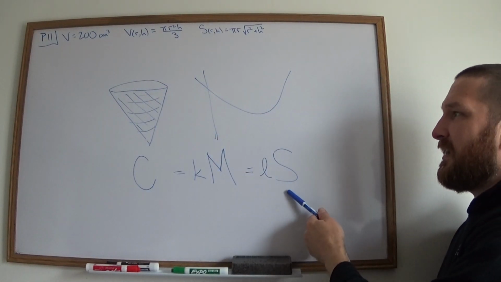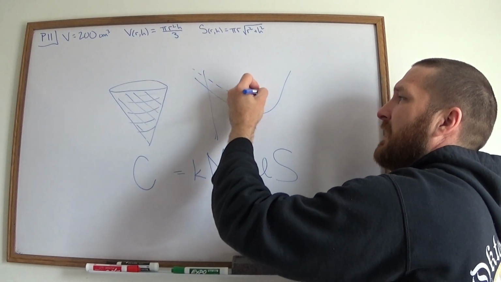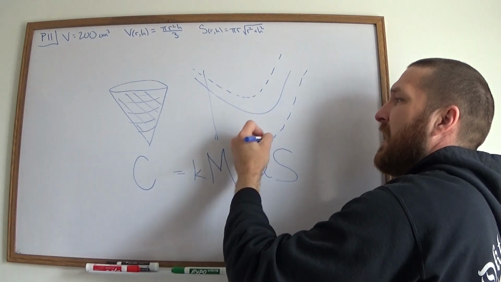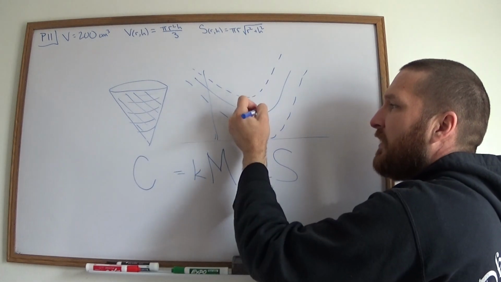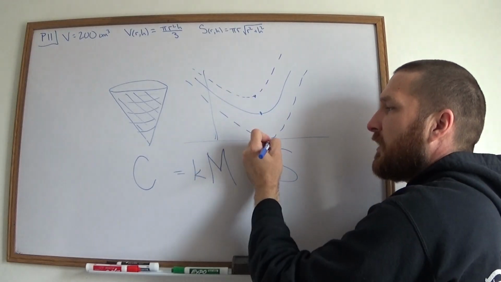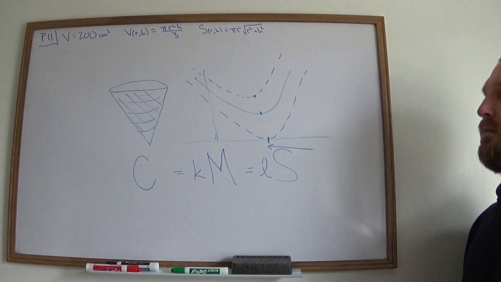Well then, S is just that times some constant, so maybe it comes up, or maybe it goes down, maybe it gets stretched down, or whatever. At any rate, it doesn't matter. That minimum is going to occur at the same point here, right?